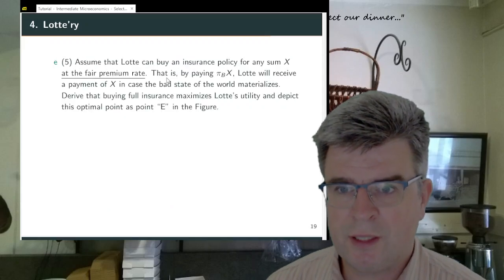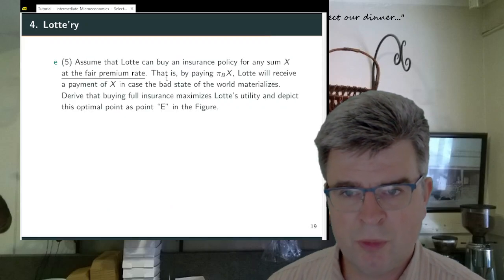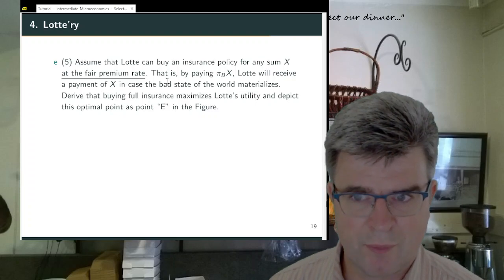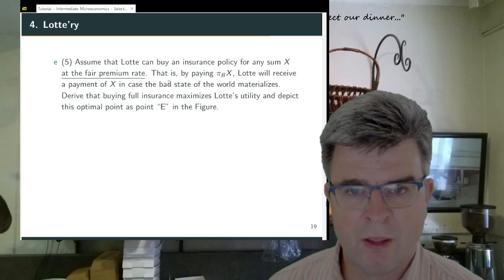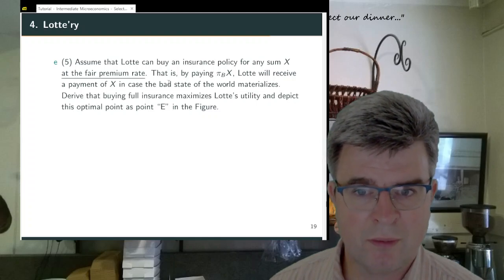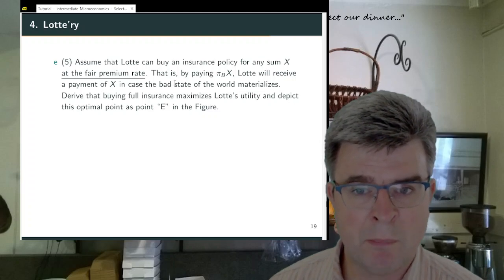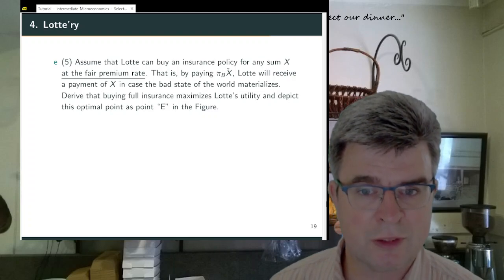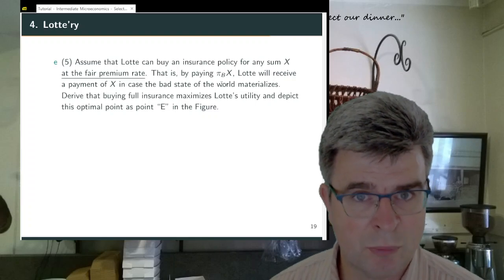Then in exercise E, assume that Lotte can buy an insurance policy for any sum at a fair premium rate, which means that she can pay a premium equal to the chance that the bad state of the world happens times the amount X that she wants to insure.